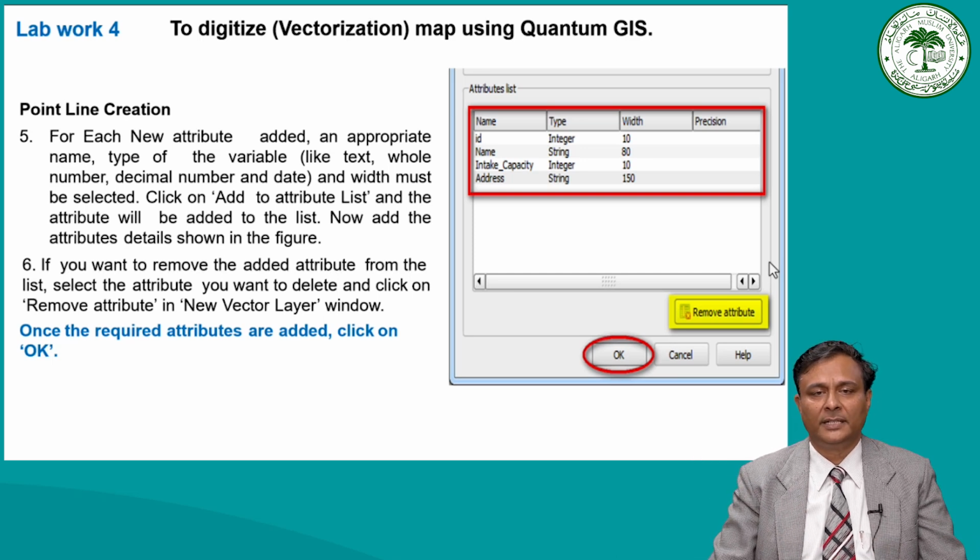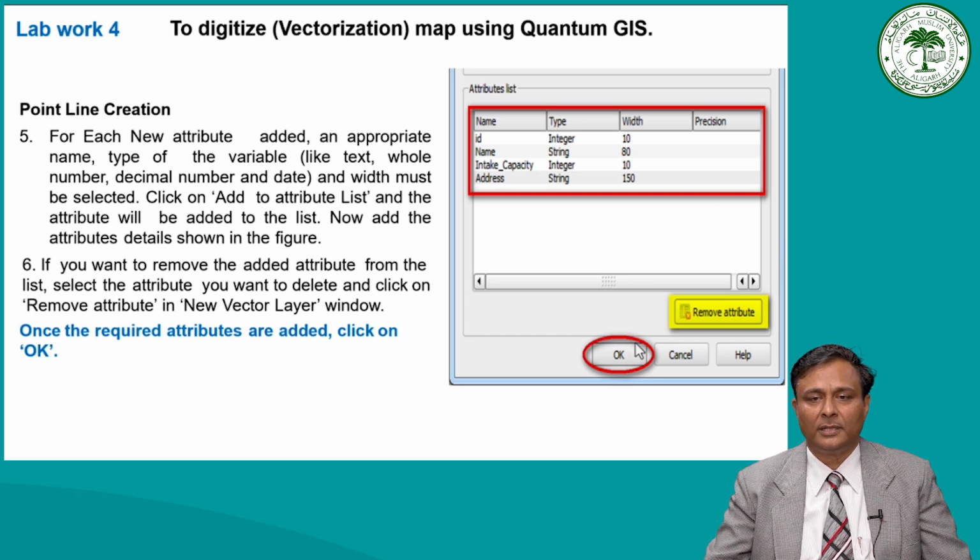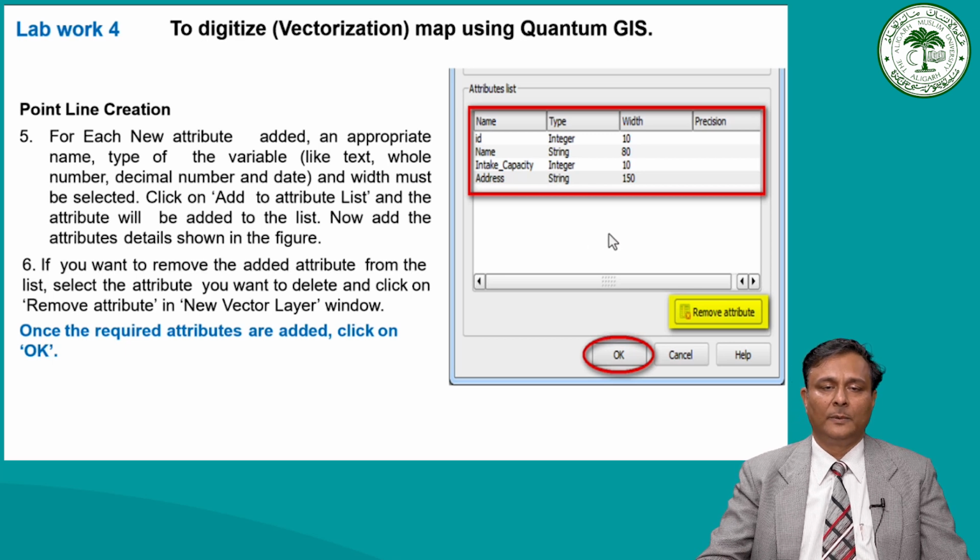Otherwise, the width is okay. You can go ahead with it, and then keep on adding the attribute details as shown in this image. And if you want to remove any, you can remove it also. That is what is possible while you are digitizing the point data.